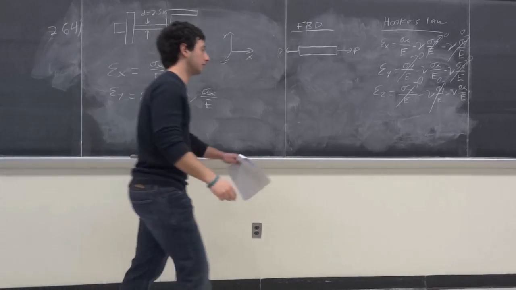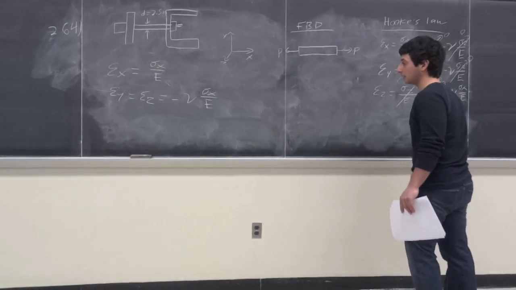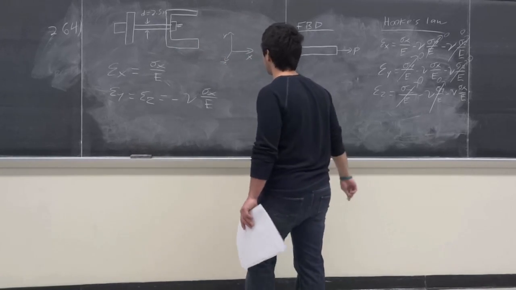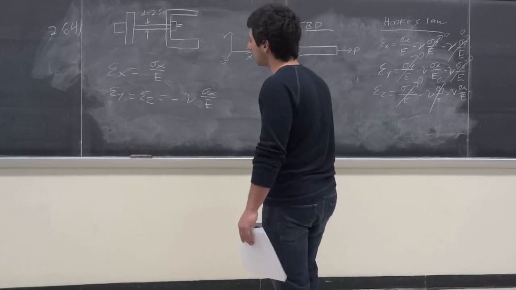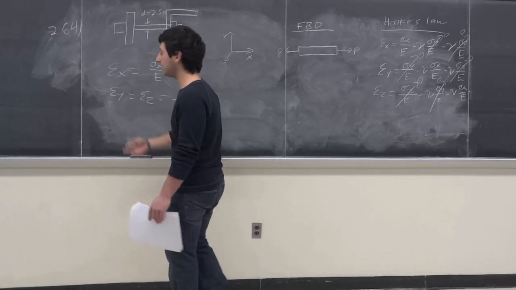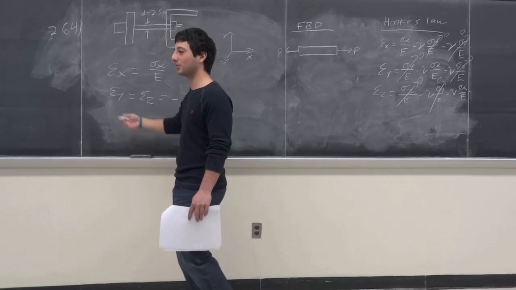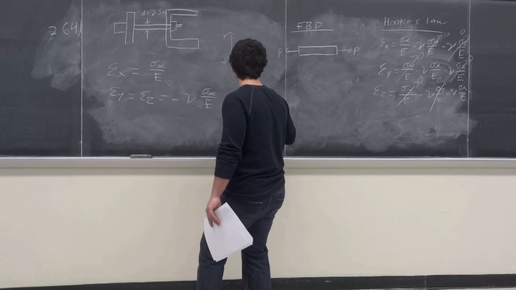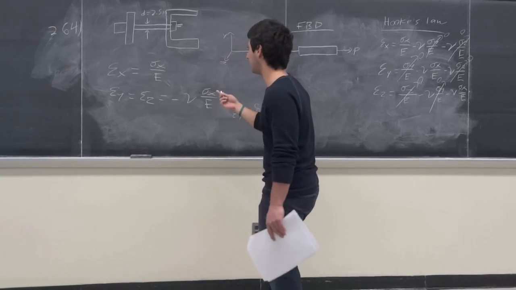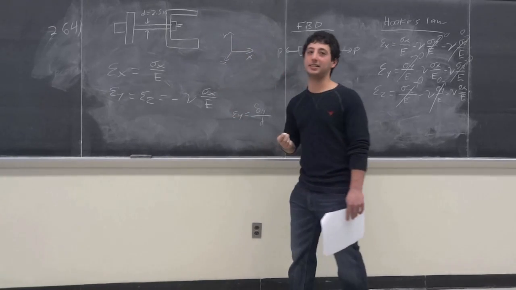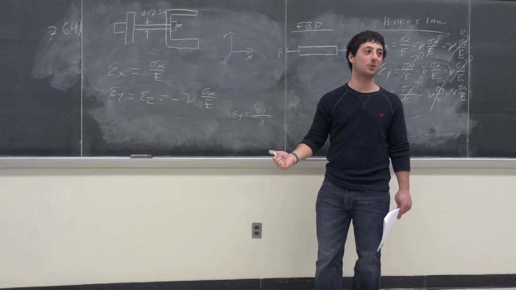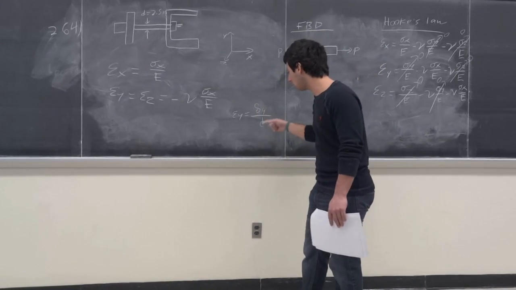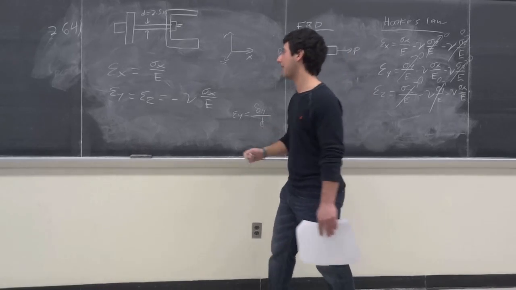They're the same. Now you got the strains in all the directions, but we only need epsilon y. Epsilon y is equal to delta y over the original length, which is d. That's important. It's the change in diameter over the original length of the diameter.